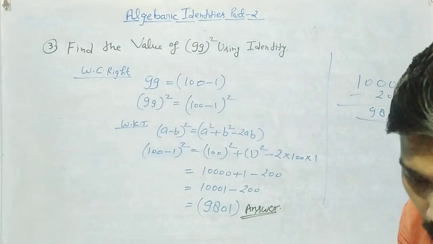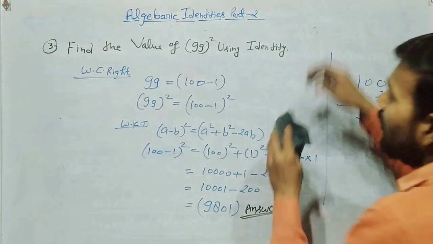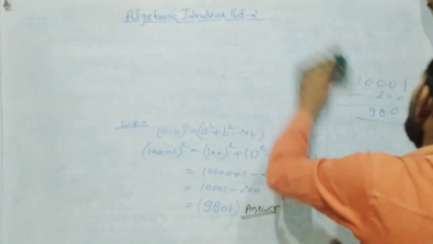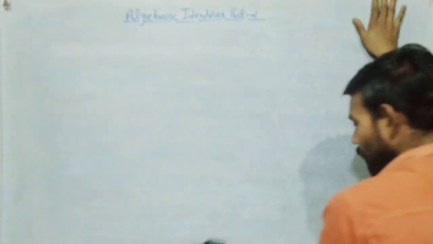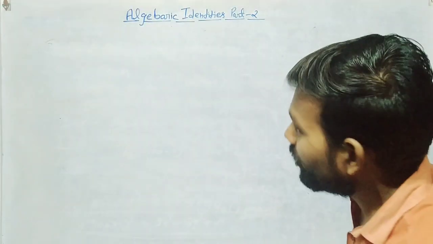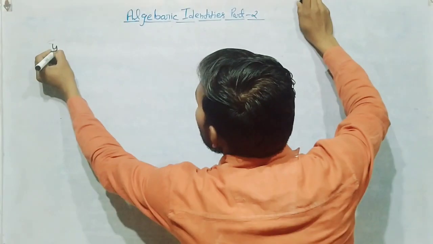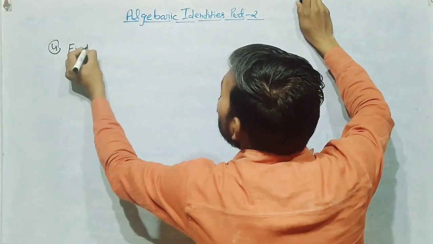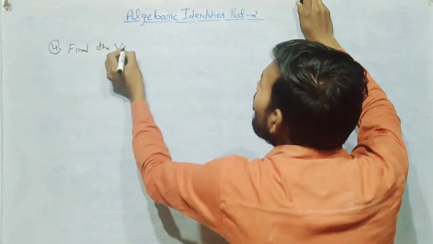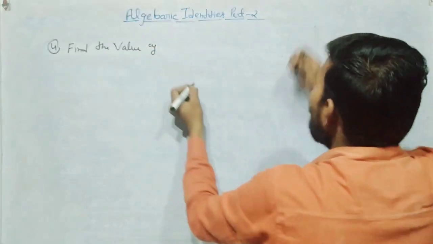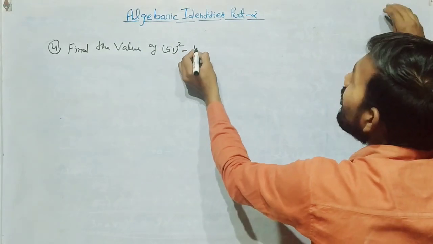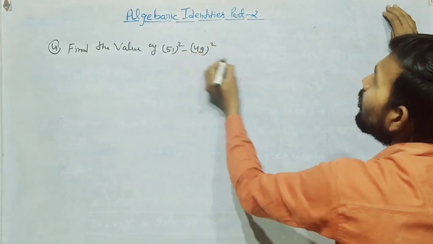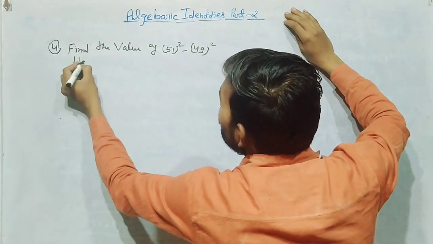Now we are going to the next question, and this is a very interesting and very easy question. The fourth question is: find the value of 51 to the whole square minus 49 to the whole square using identity.